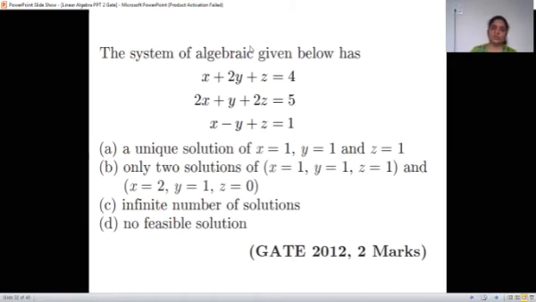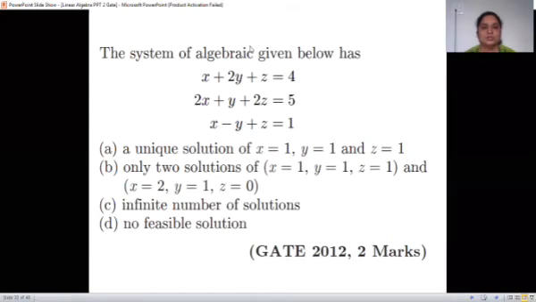If rank is equal to the number of variables, then there is a unique solution. And if rank is less than the number of variables, then there are infinitely many solutions.